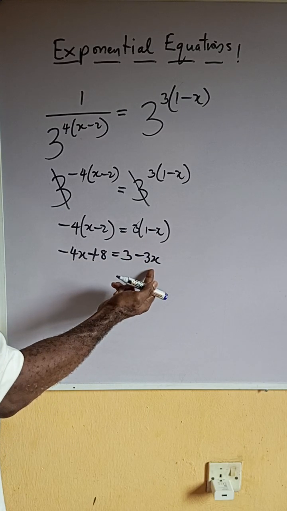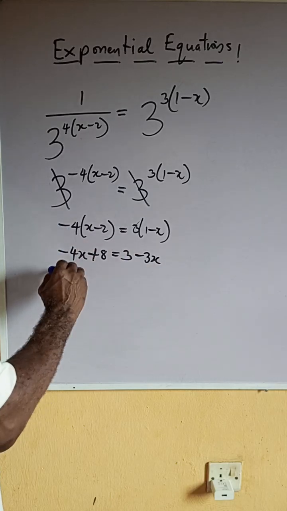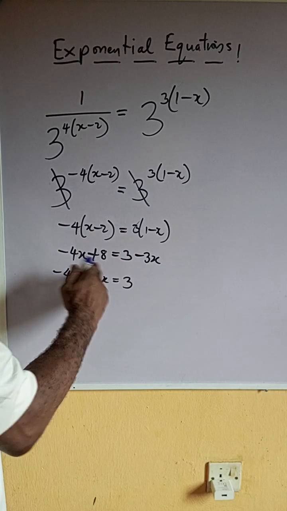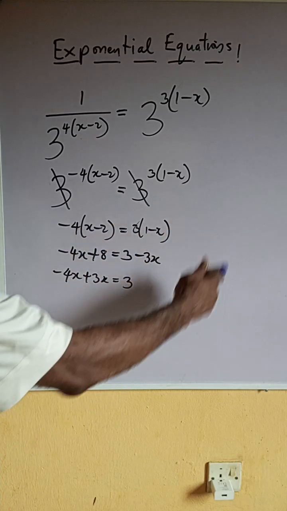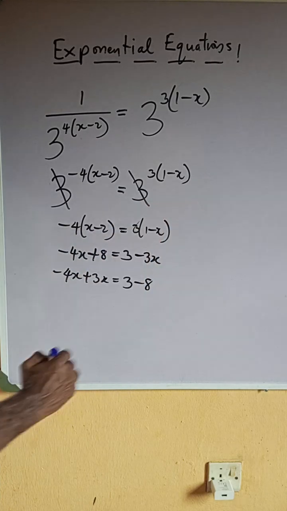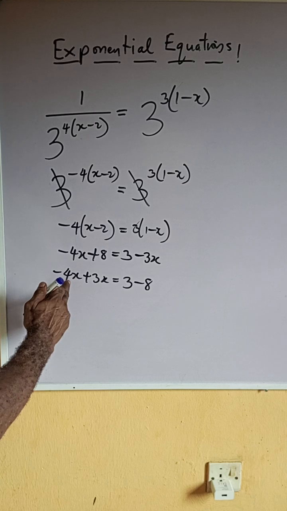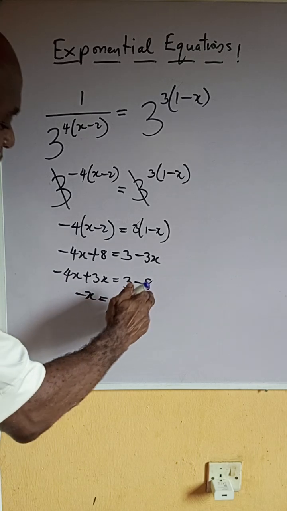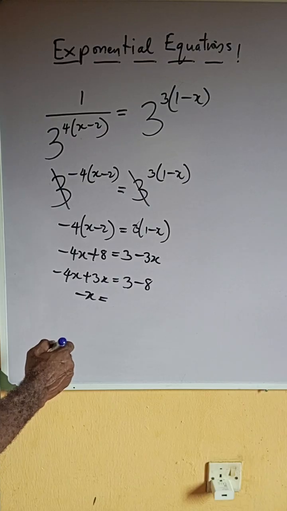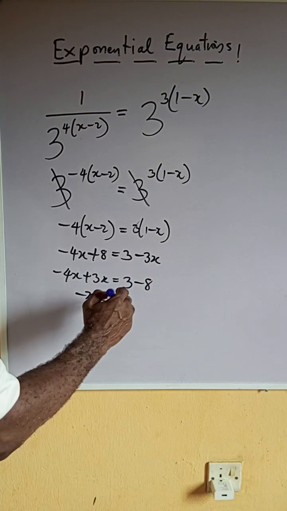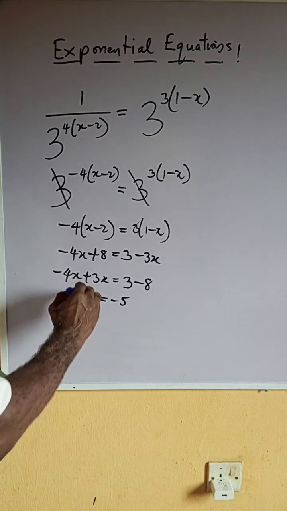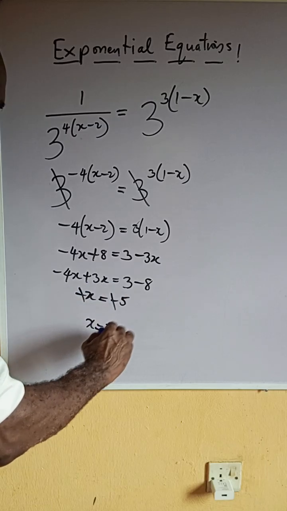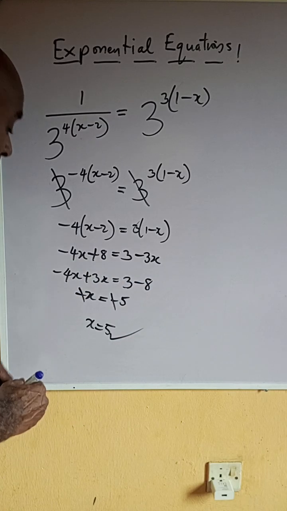We shall move minus 3x to the left hand side, so that minus 4x plus 3x is equal to 3. Taking plus 8 to the right hand side becomes minus 8. So minus 4x plus 3x gives us minus x is equal to 3 minus 8, which gives us minus 5. So that when minus cancels minus, we have that x is equal to 5. And that is the solution to this.